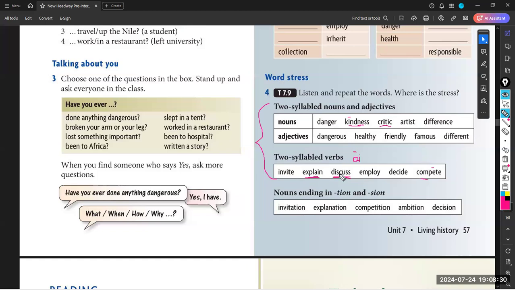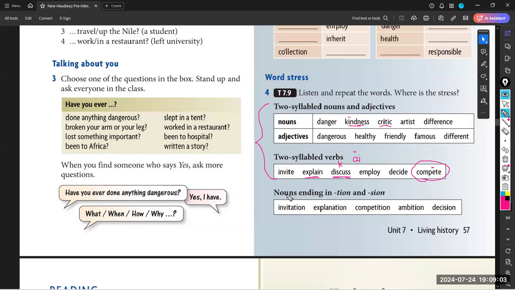The C is pronounced as K. So discuss. Okay. How can I read this verb? Compete. Yeah, this E is long, please. So compete. Exactly, that is it.